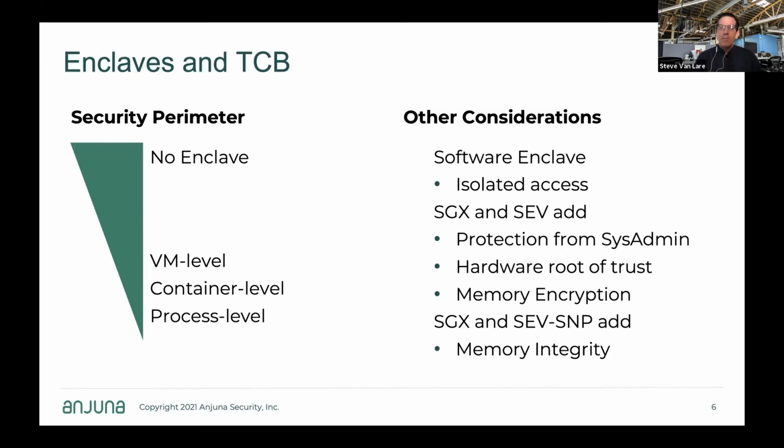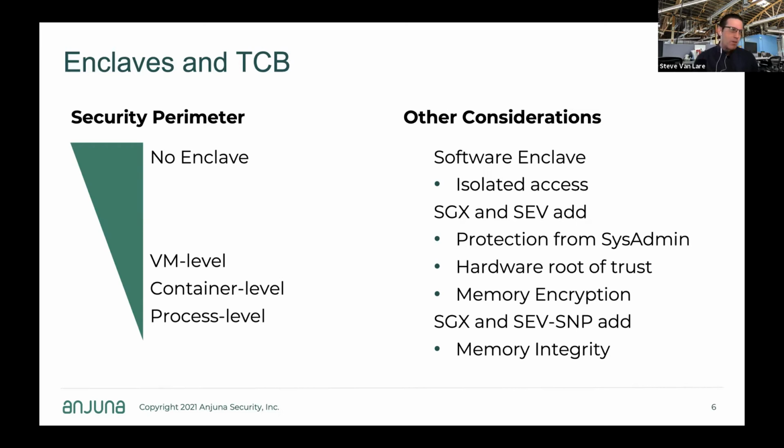One of the questions that came up in chat was, what are the CPUs that support this? The ones that most of us are going to run across are Intel's SGX editions and AMD's SEV editions. And both of those add some capabilities that protect you from the system admin. So your process can be running, and the system admin, even with root access, can't get to what you're doing. Some of the chips provide a hardware root of trust, and we'll talk about this when we talk about keys and why this is important.